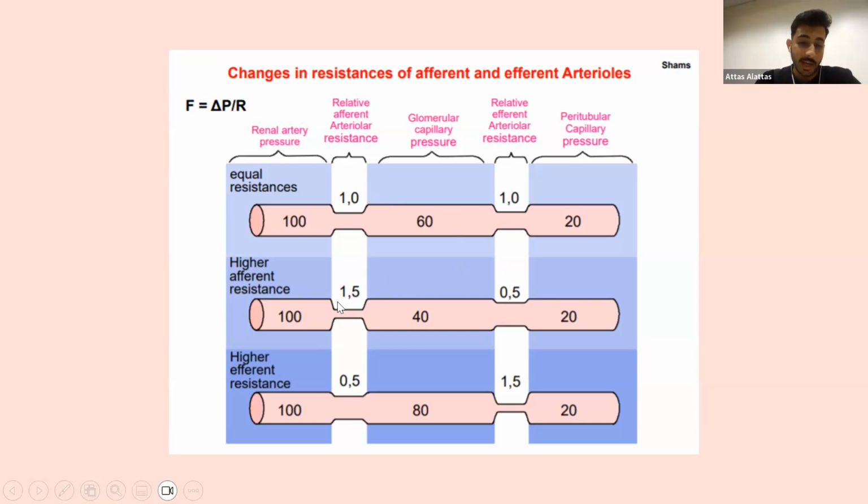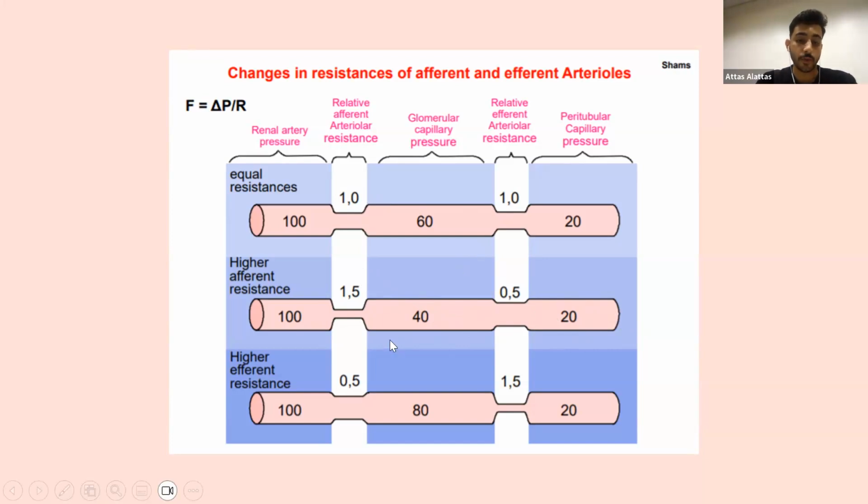So you would have the same final pressure, but by changing the resistance in the afferent or the efferent, you're only changing the glomerular capillary pressure. You're not changing the final peritubular capillary pressure.